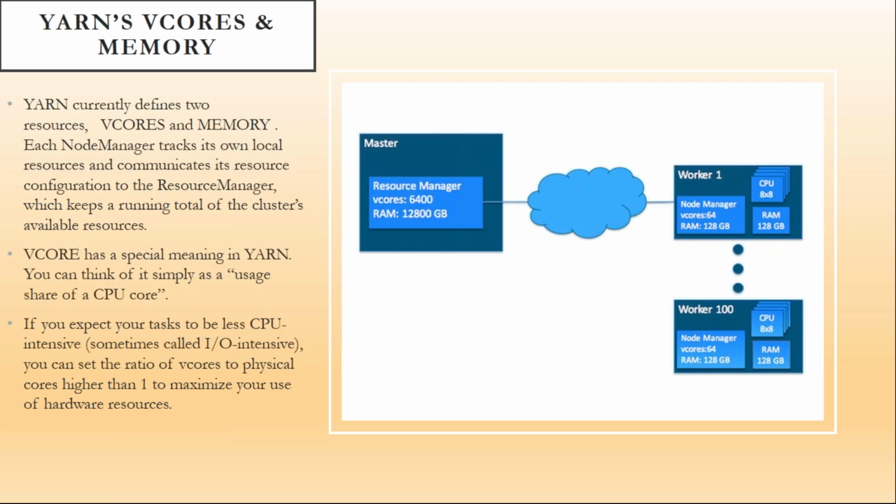Now here is the point. You have a 10 node cluster, you have 128 GB RAM, 128 GB into 10 times is the total cluster memory. However, it keeps track of the resource utilization spent by the node itself along with the cluster available resources. Now, virtual cores have a special meaning in YARN. You can think of it simply as a usage share of a CPU. CPU is different, virtual CPU is different.